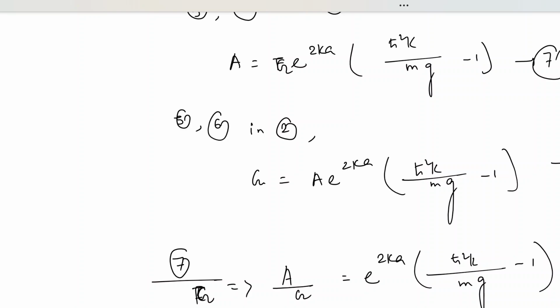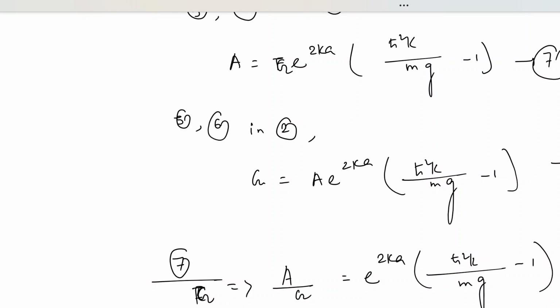And if you have 8 by a basically, this is g by a equal to e to the power of 2ka h cut square k by mg minus 1.